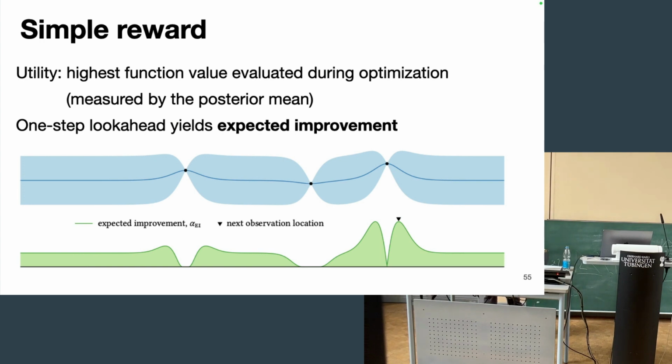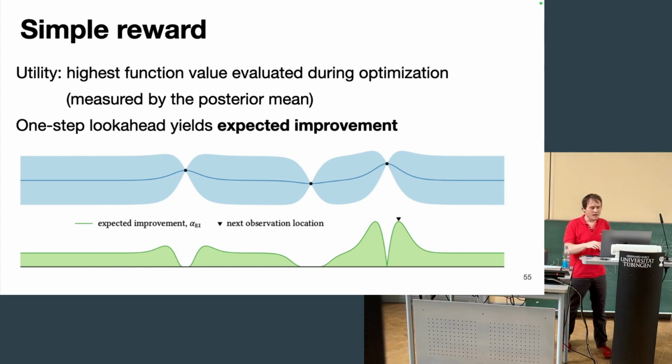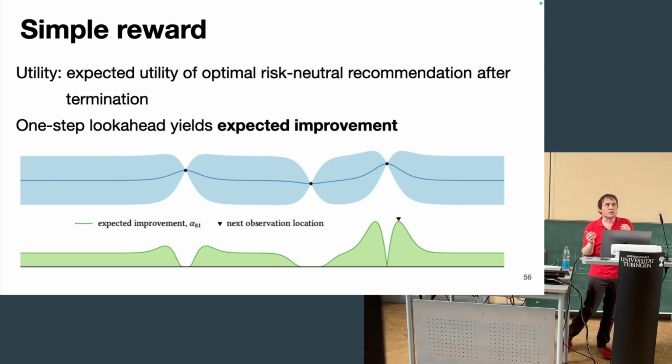So the first example we've seen already, which is this simple reward utility function. It's a very natural utility for optimization. It's simply quantifying the highest function value encountered during optimization, as measured by the posterior mean. Or you can also reinterpret this as the expected utility of an optimal risk-neutral recommendation after optimization.